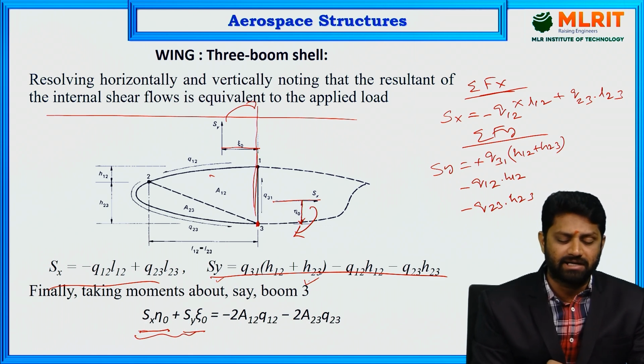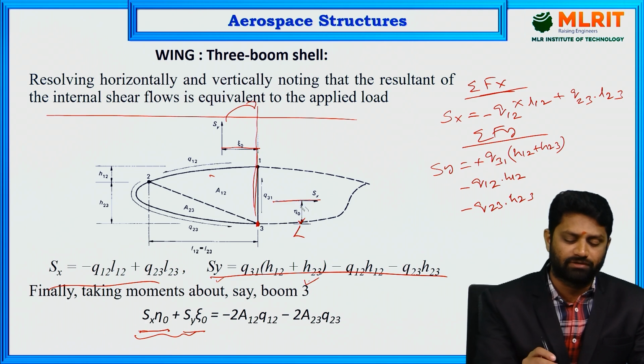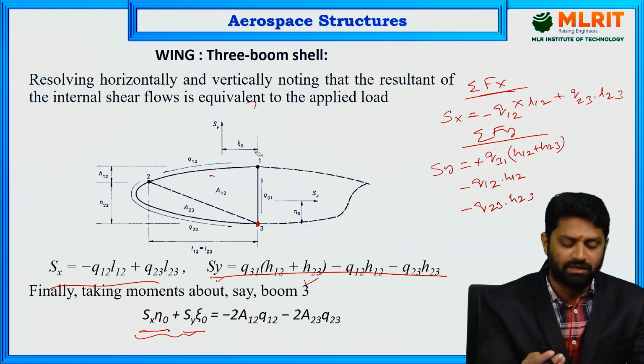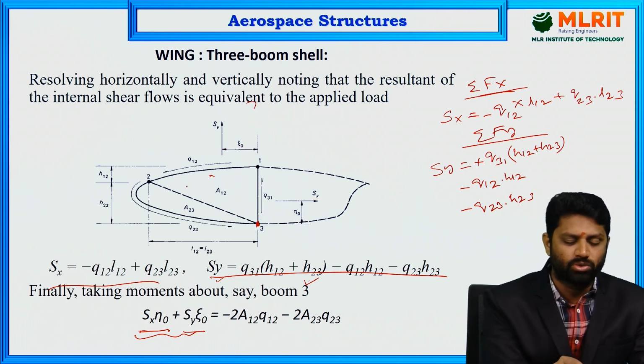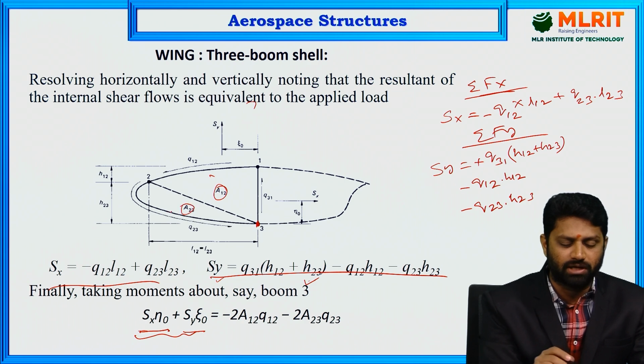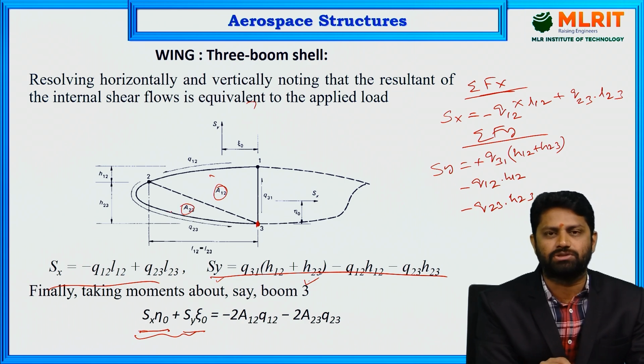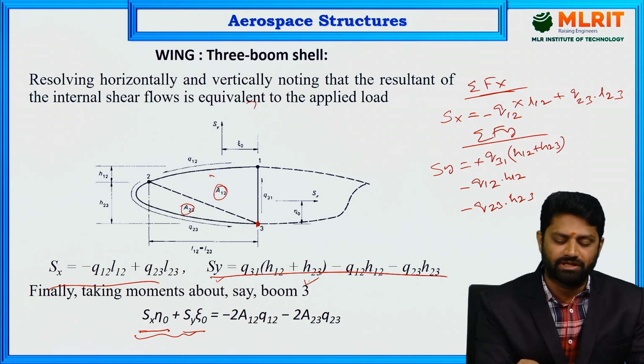Similarly on the right hand side you have to write the moment due to the shear flows. When you look at this one, at 3 you have got two areas, A12 as well as A23. So it is easy for us to write in terms of torsional moment. Okay, the moment you can write using the torsion equation, that is T equals 2AQ, the torsional moment, which is 2 into the area of the cell into the respective shear flow.